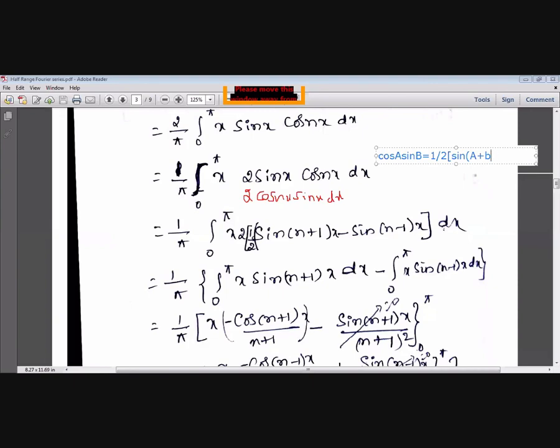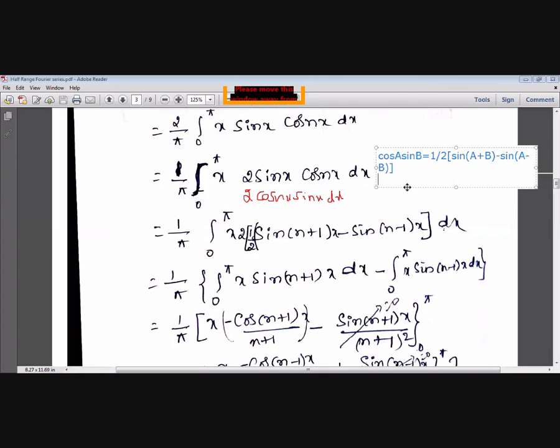Write this formula for cos A sin B. Now apply this, with nx in place of A: sin(nx plus x) minus sin(nx minus x).